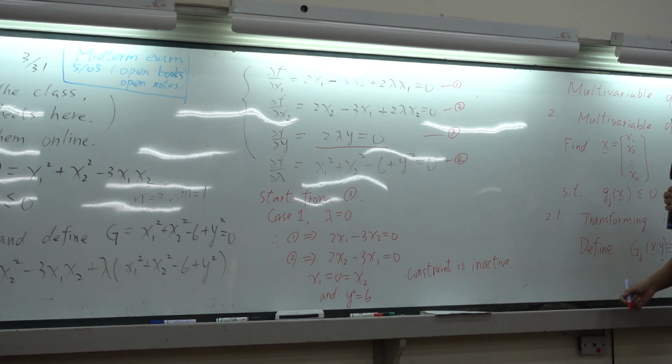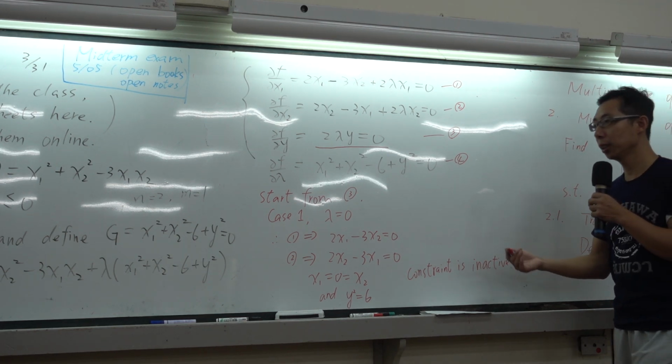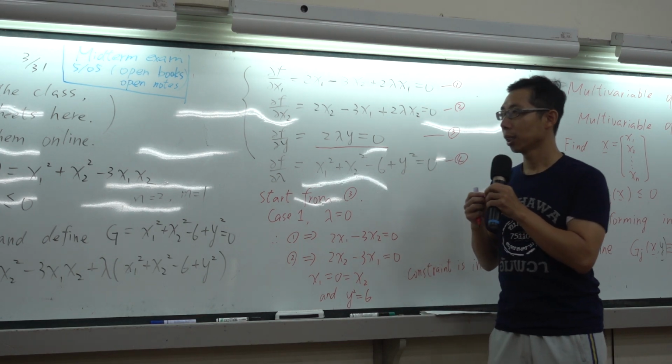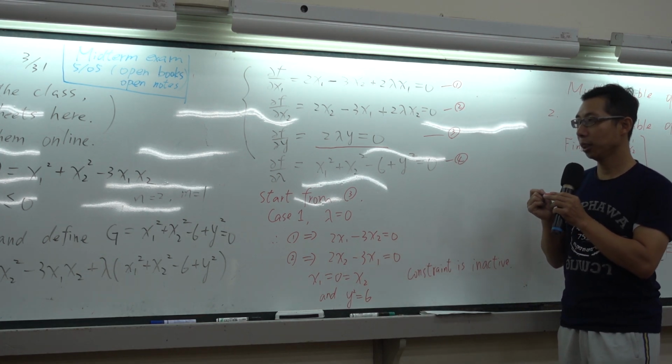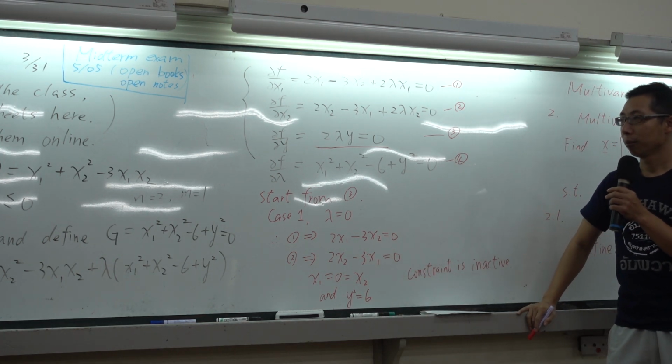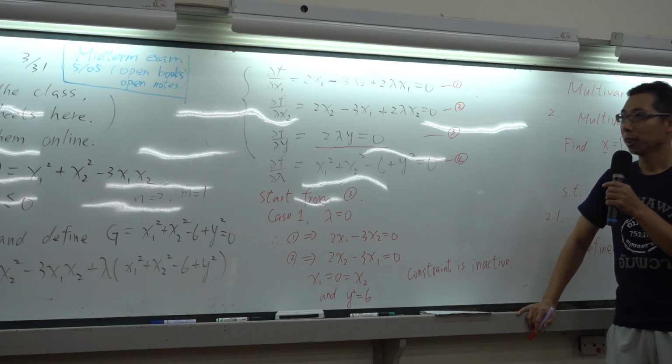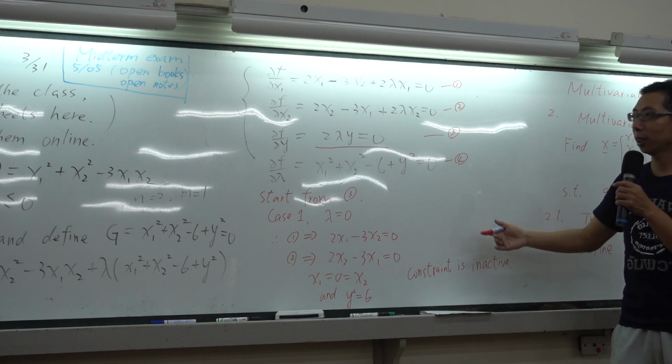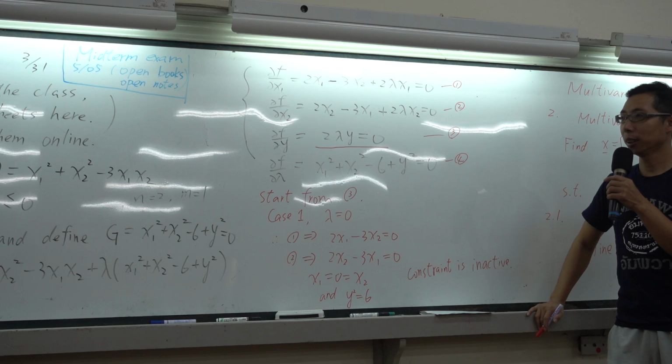And do you remember there's another way for telling whether the constraint is active or not? That is, if the existence of the constraint does not change the solution of the problem, then the constraint is inactive.